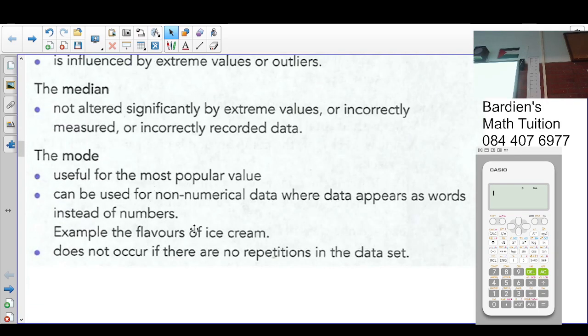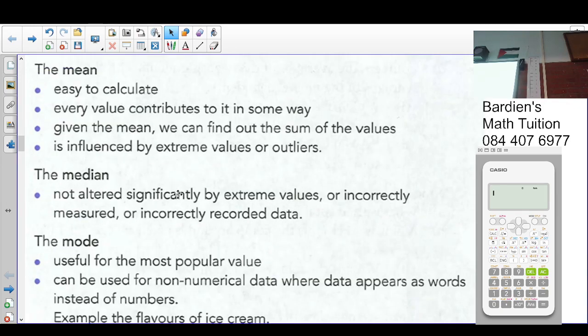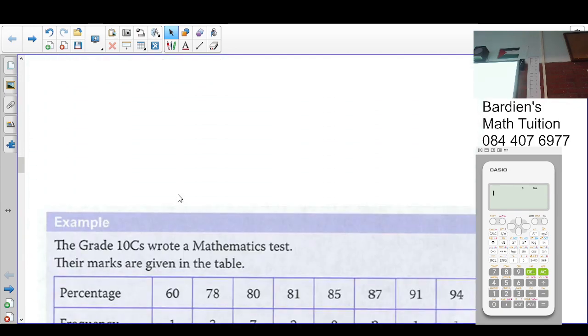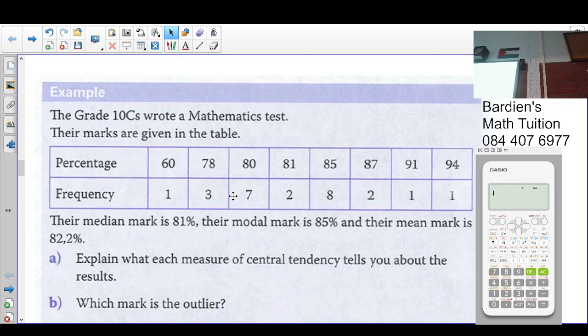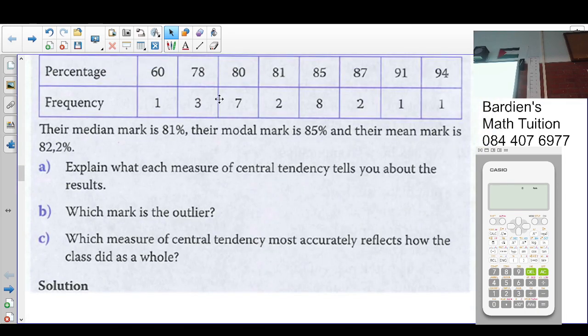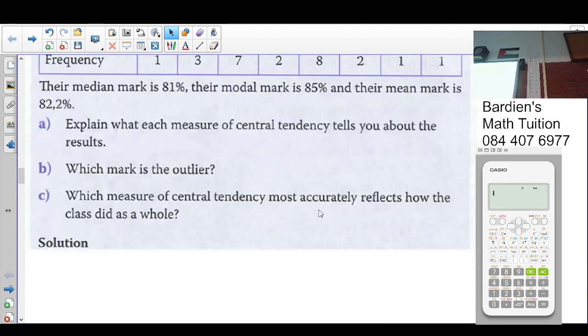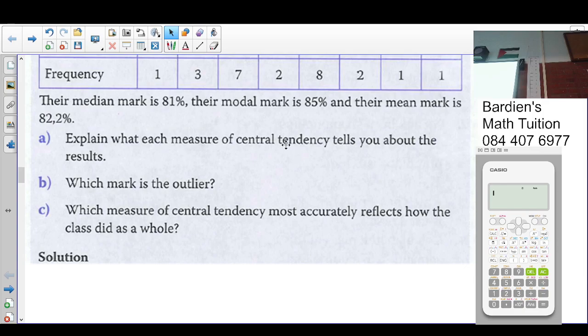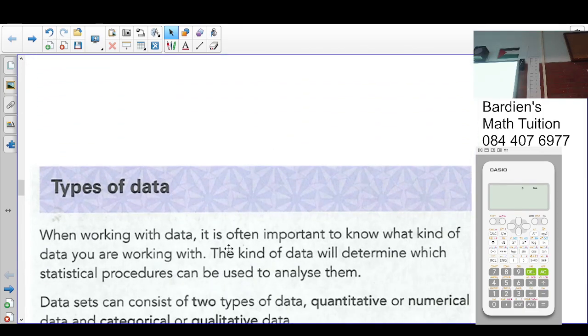Okay, and we spoke about the advantages and disadvantages of all three measures of central tendency. Then we actually spoke about what it means to have a median of 81%, a mode of 85%, and 82% as the mean, and we did that calculation as well.